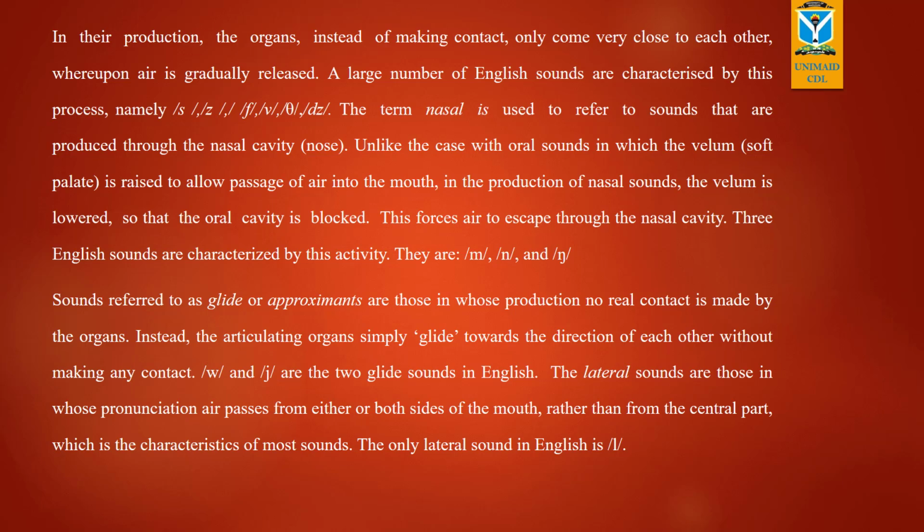It assumes the features of affricates and then stops. But it marries the two and allows the air to go out continuously. What are the fricatives? They are, take for instance, letter S, letter Z, letter F, letter V. These are all termed as fricative sounds.